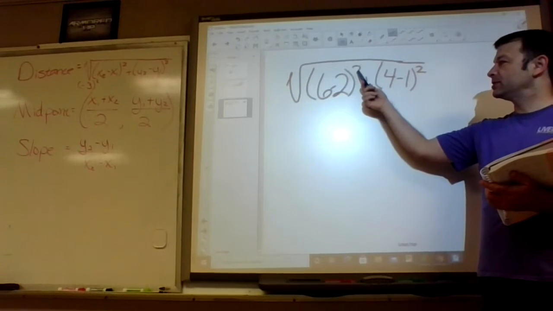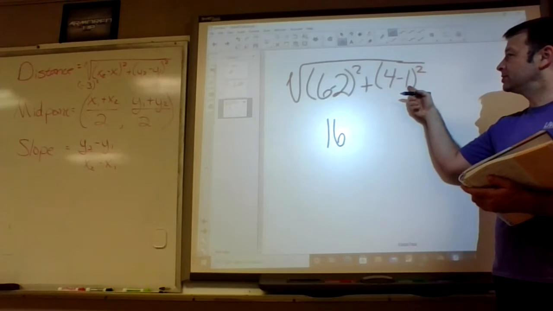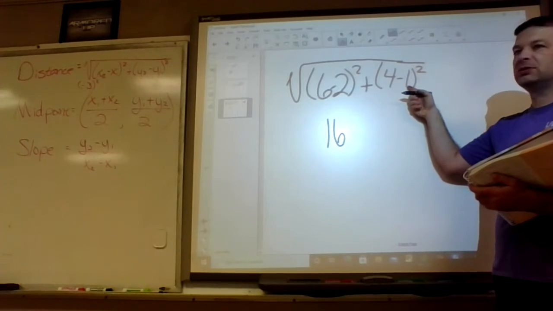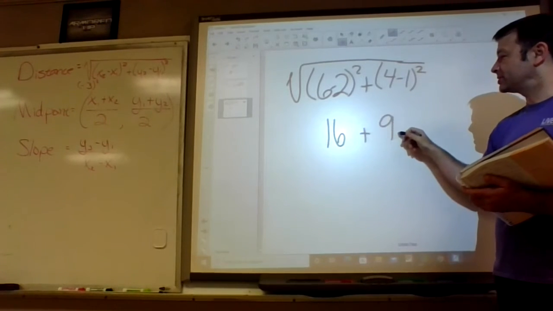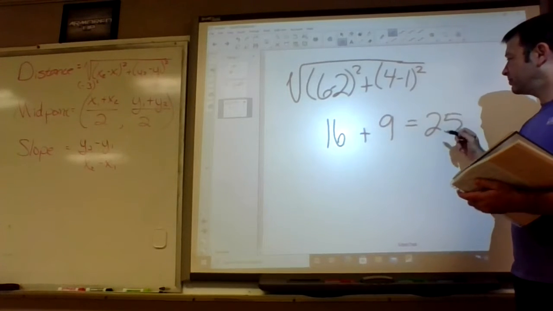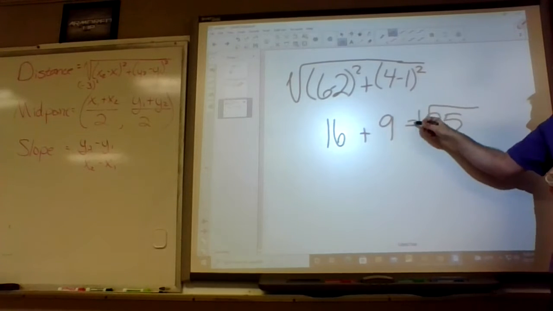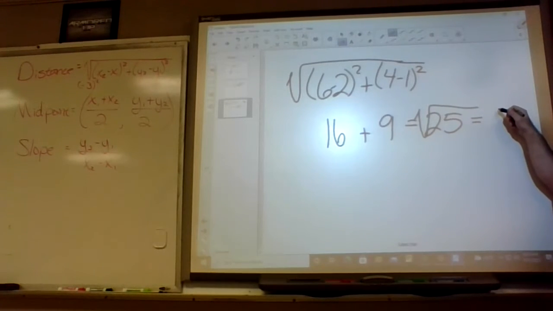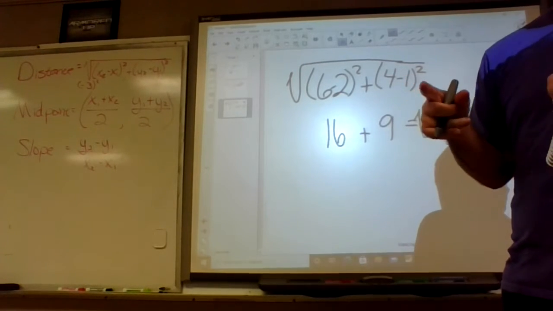What's 4 squared? 16. What's 4 minus 1? 3. What's 3 squared? 9. 16 plus 9 is 25. What did I forget to do? The square root of 25 is 5. So the distance between those 2 points on the graph is 5.